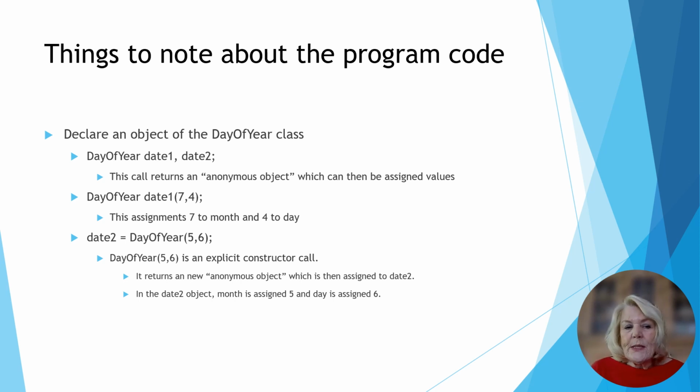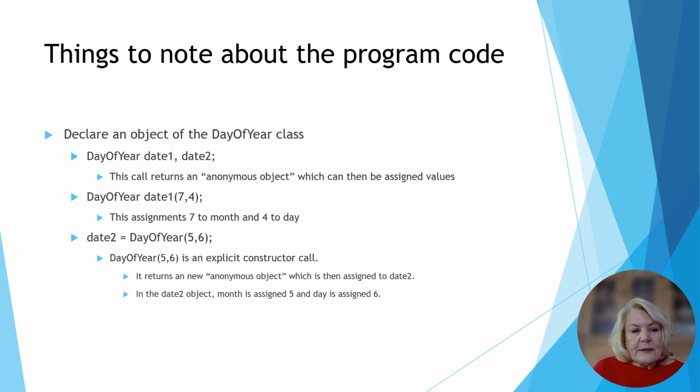So what this is doing, it returns an anonymous object, which can then be assigned values. The next one is where they declare date 1 and they give it two values. One is 7 and one is 4. So that automatically makes that object have 7 as the month and 4 as the day.